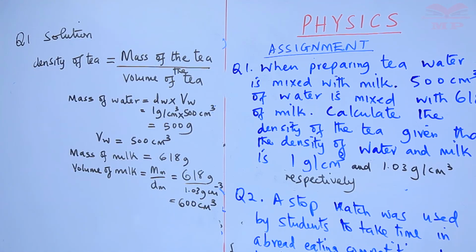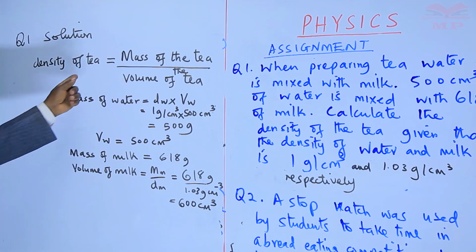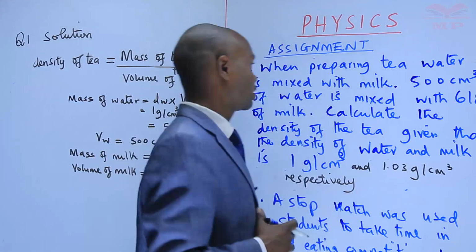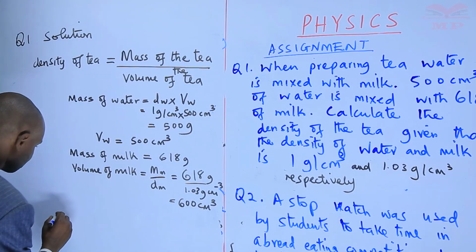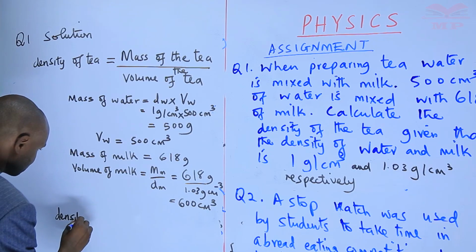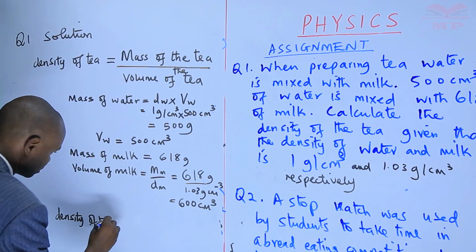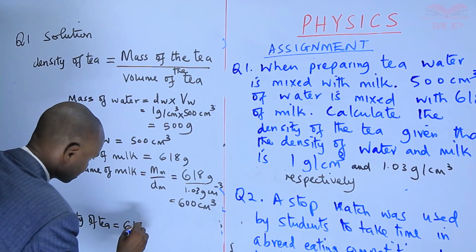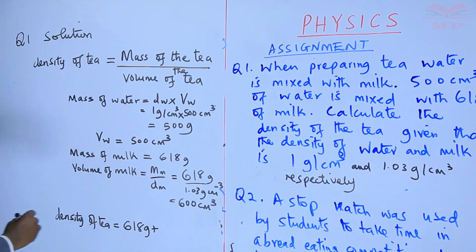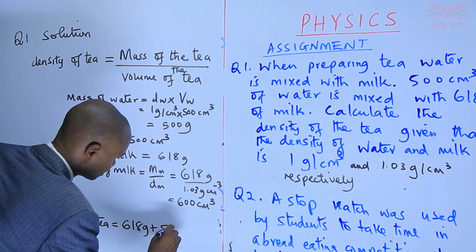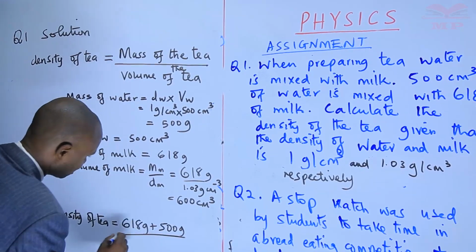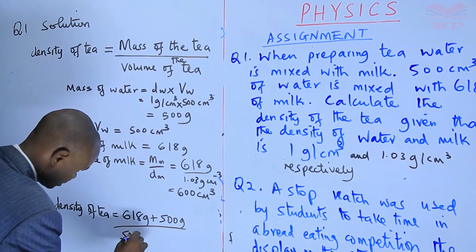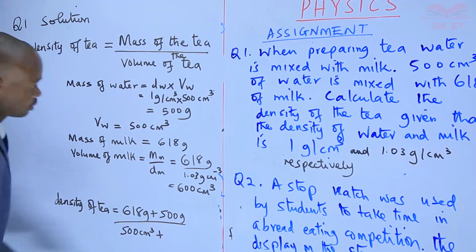So when we come to get the density of the tea, we are getting the density of the total mixture. So density of tea will be given by 618 grams plus 500 grams, divided by the volume of water plus the volume of milk.